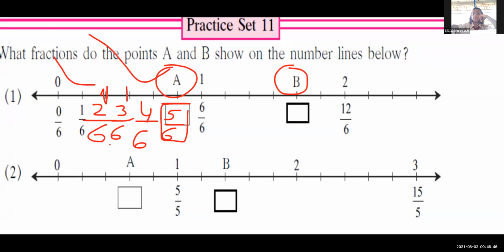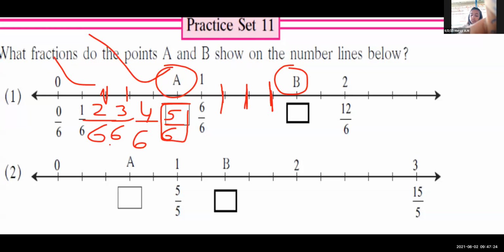Next number is 6 upon 6. Now here will be what? Very nice, 7 upon 6. Okay, I'm not going to write it down. Now here 7 upon 6 के बाद में, very good, 8 upon 6. Okay, now after 8 upon 6, very nice, 9 upon 6.